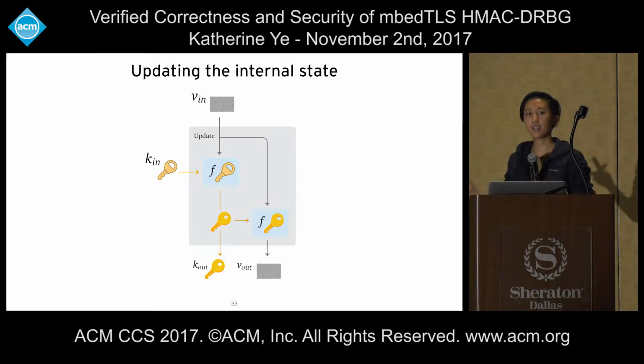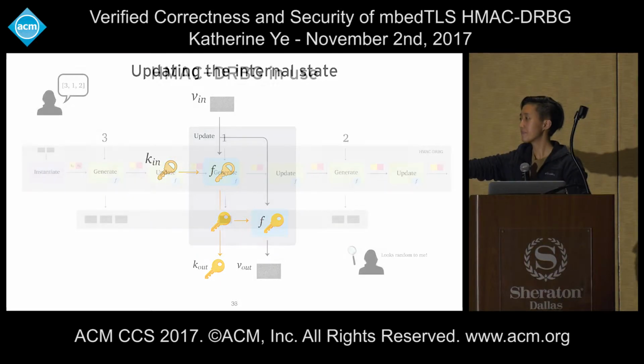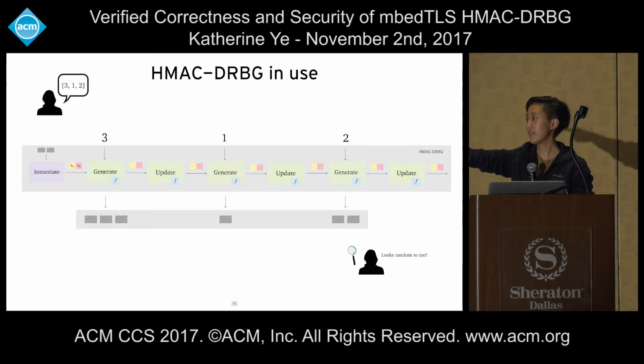So in use, it looks something like this. You, or the adversary, you want a list of blocks. So first you wanted 3 blocks, then later for another application you want 1 block, then later to initialize another thing you want 2 blocks. So that's the input. And the DRBG, it takes K and V and instantiates it. So we assume the output is ideally random to simplify our proof.